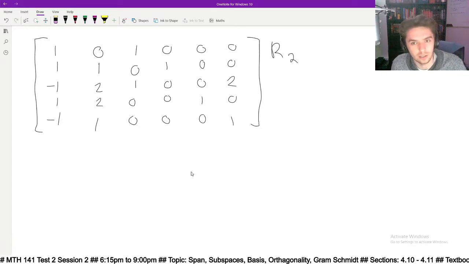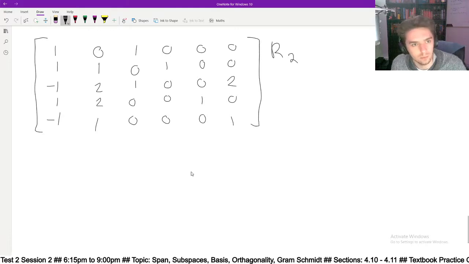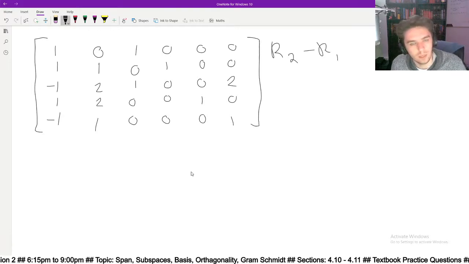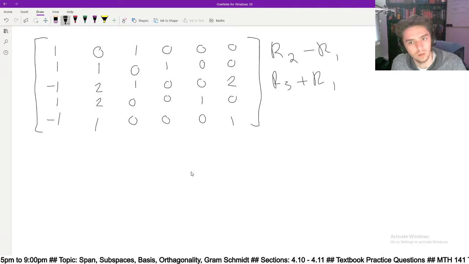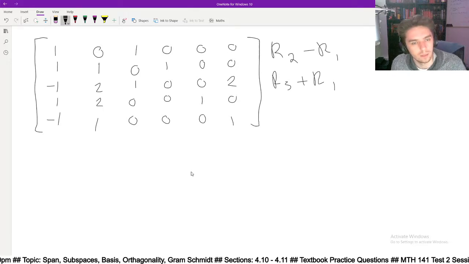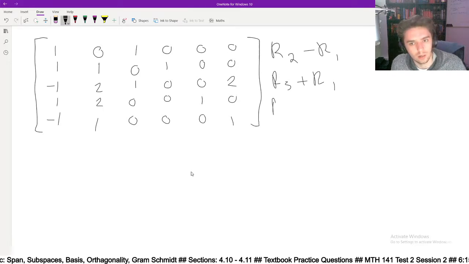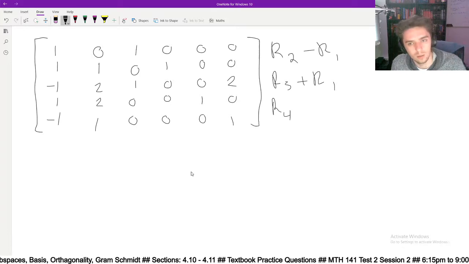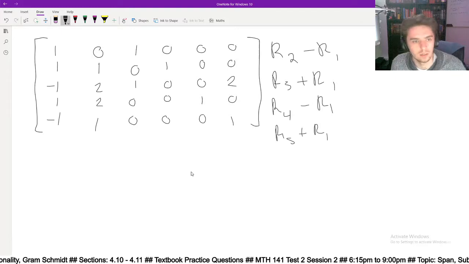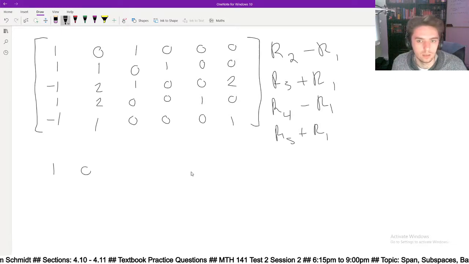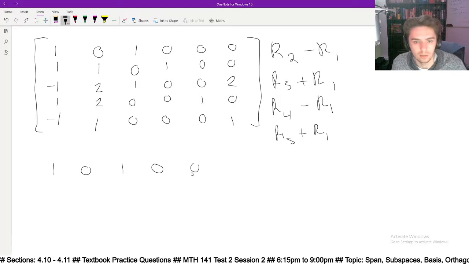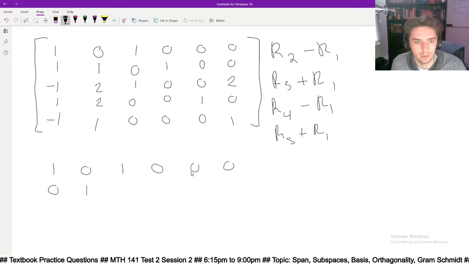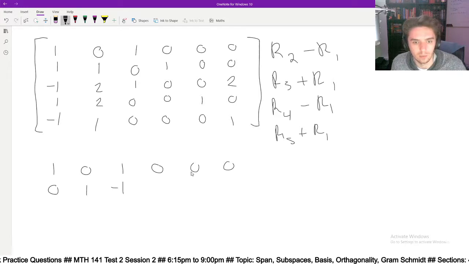So R2 minus R1, R3 plus R1, R4 minus R1, R5 plus R1. So 1, 0, 1, 0, 0, 0. So 0, 1 minus 0 is 1, 0 minus 1 is -1, 1 minus 0 is 1, 0, 0.